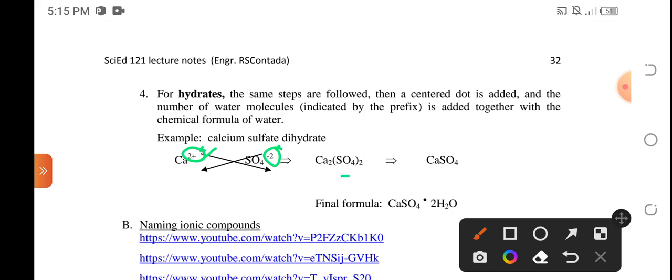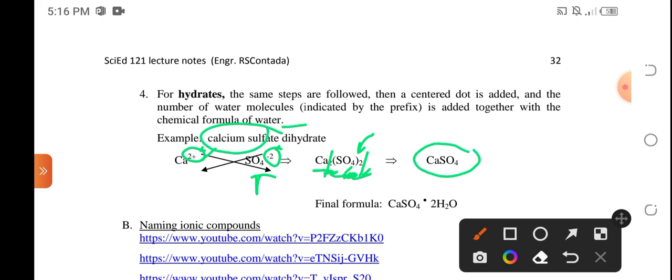So here, ito yung Ca2(SO4)2. Pero pwede nating i-cancel yung 2. Kaya mau-omit na si parenthesis. Take note, hindi ko gagalawin yung original subscript na 4 kasi yan ay parte ng original subscript ng polyatomic ion. So for calcium sulfate, it will only be CaSO4.